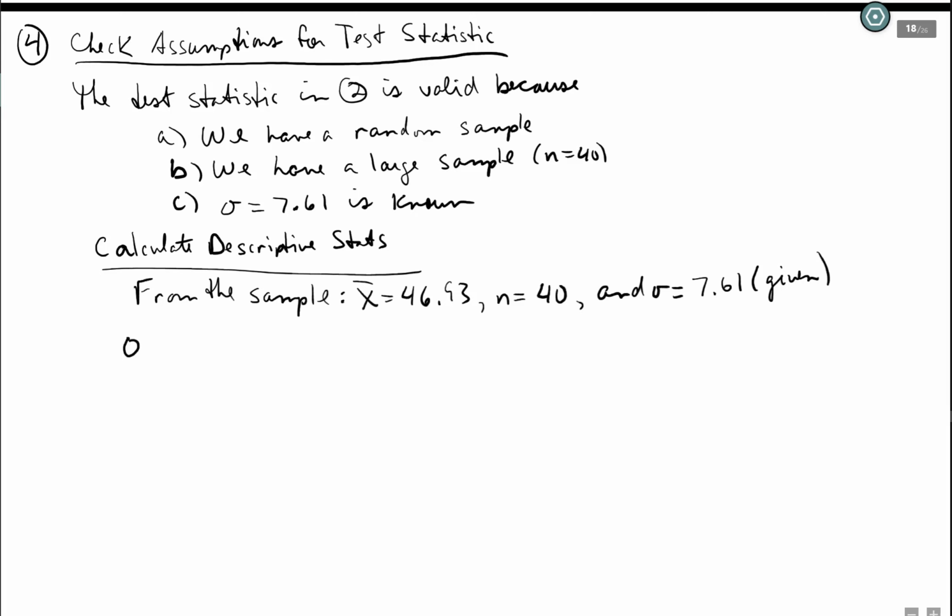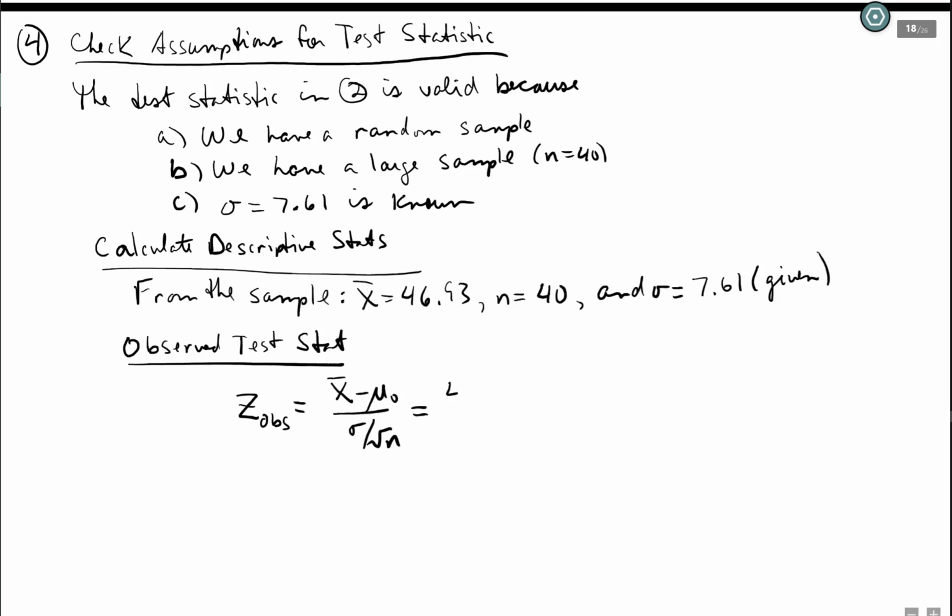So the observed or computed test statistic is as follows. It's a z-test statistic, with a subscript OBS for observed, and that's x bar minus mu naught over sigma over root n.